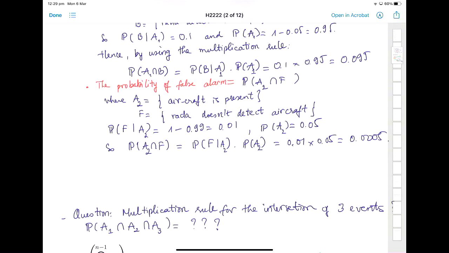Okay, if I group the first two together, now I have this set intersected with A3.